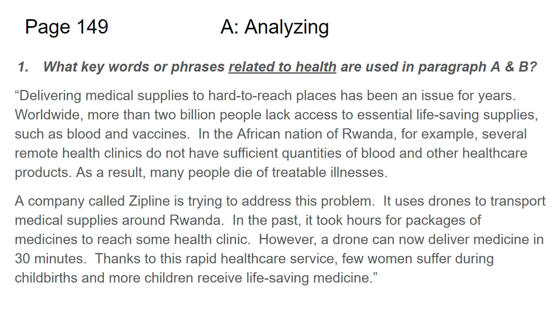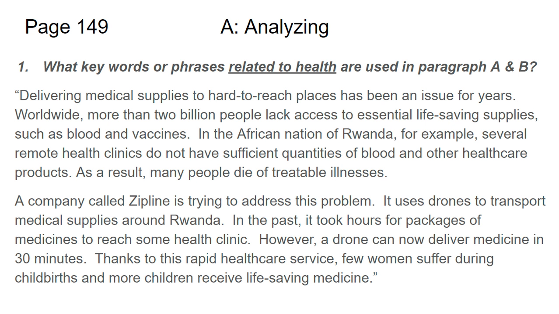Okay, here we go. Delivering medical supplies. I think medical supplies has to do with health. Delivering medical supplies to hard-to-reach places has been an issue for years. Worldwide, more than 2 billion people lack access to essential life-saving supplies, I think that could be medical, such as blood and vaccines. So blood and vaccines are examples.